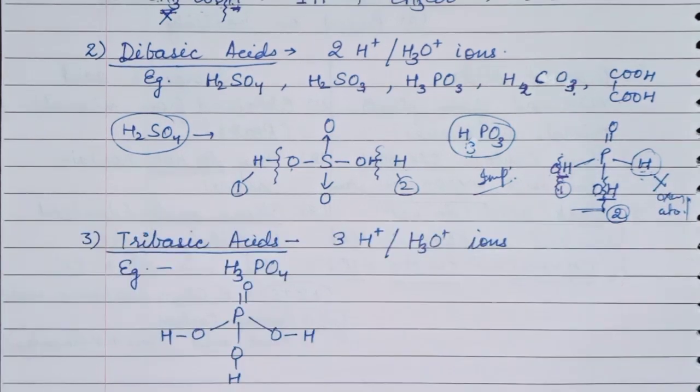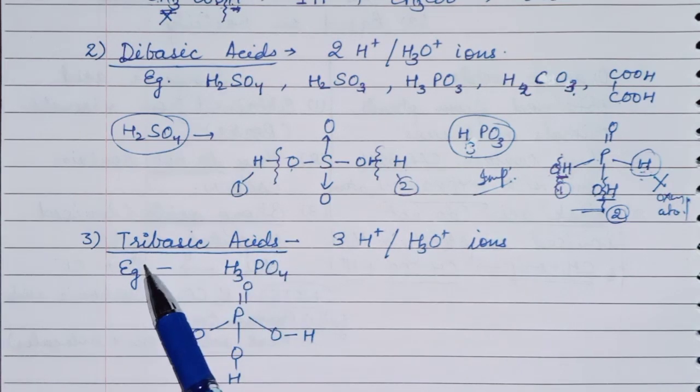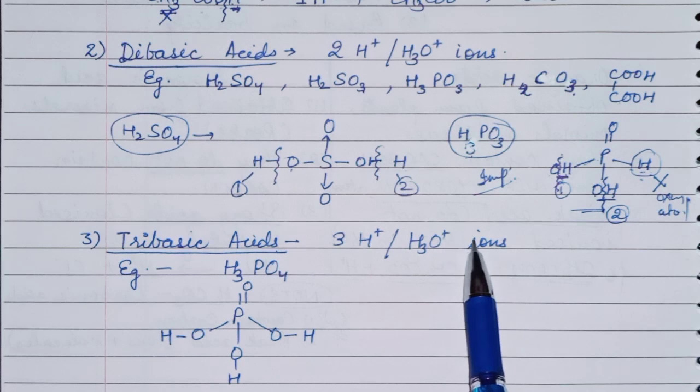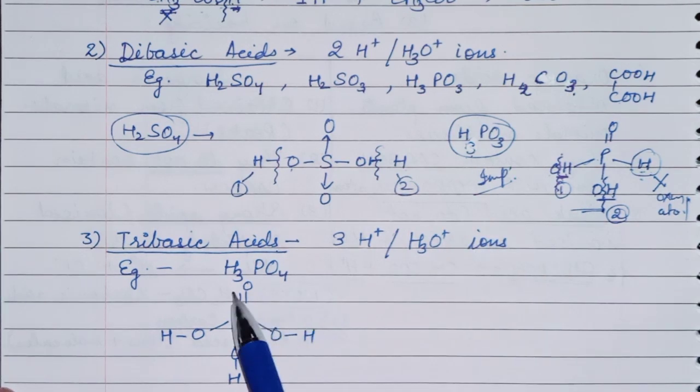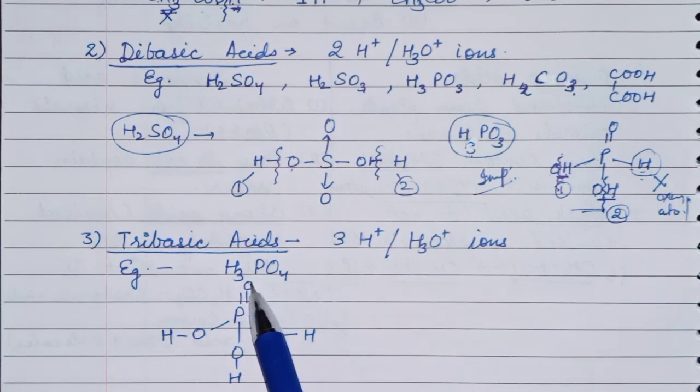Okay. Now next are tribasic acids. Tribasic means it will dissociate 3 H plus or H3O plus ions in aqueous solution. An example is H3PO4 phosphoric acid. The structure is P double bond O, P single bond OH, P single bond OH, P single bond OH.